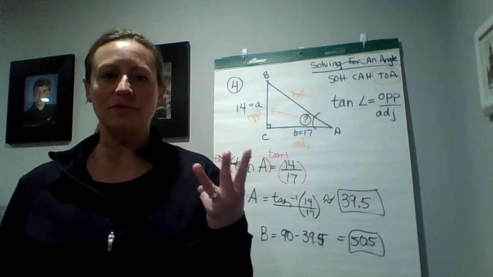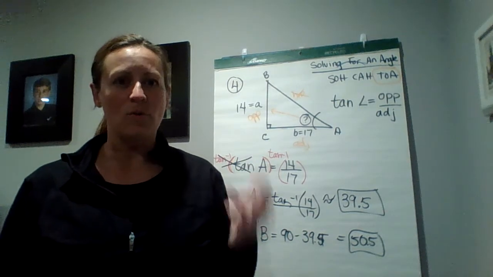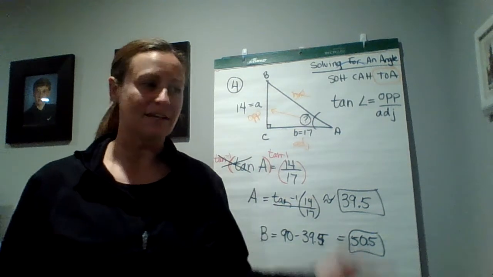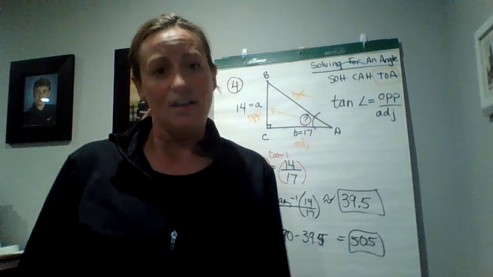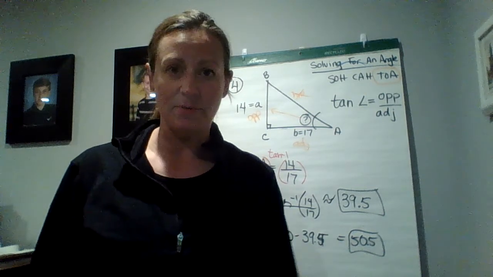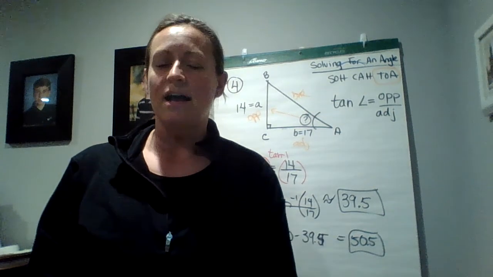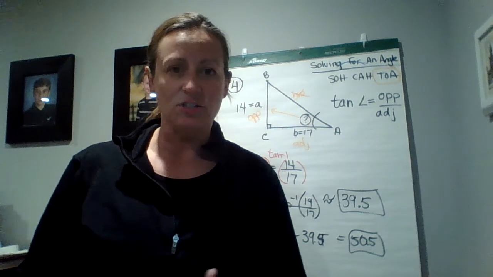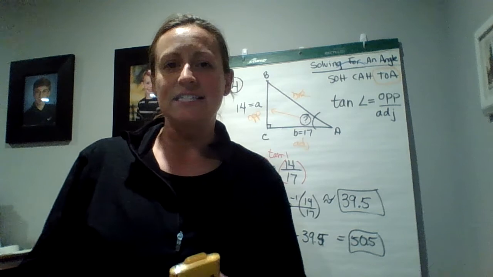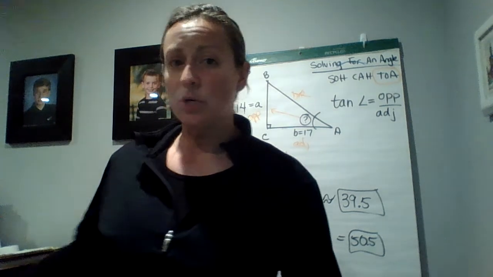Okay, I just gave you 3 more examples. Hopefully this repetitive, doing it again, and last time you did it in the context of angles of elevation and depression, but it was still the same trigonometry process. Hopefully by now it's starting to catch on and you're starting to get it. I would like you to finish this worksheet.